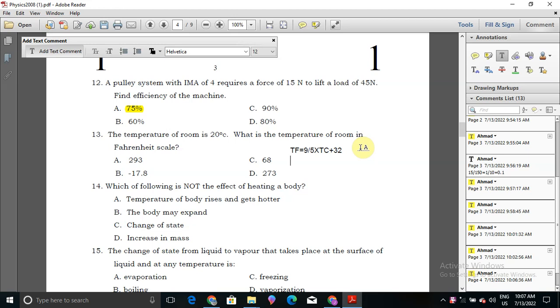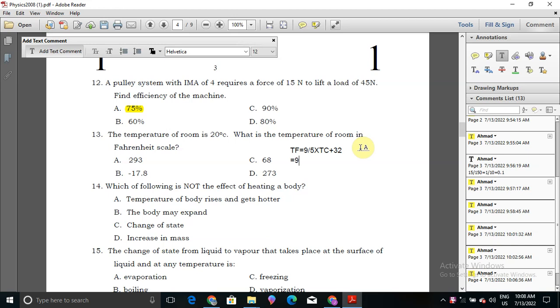Now after having the formula, we'll put in place of the temperature of Celsius its degree, which is 20 degrees Celsius.